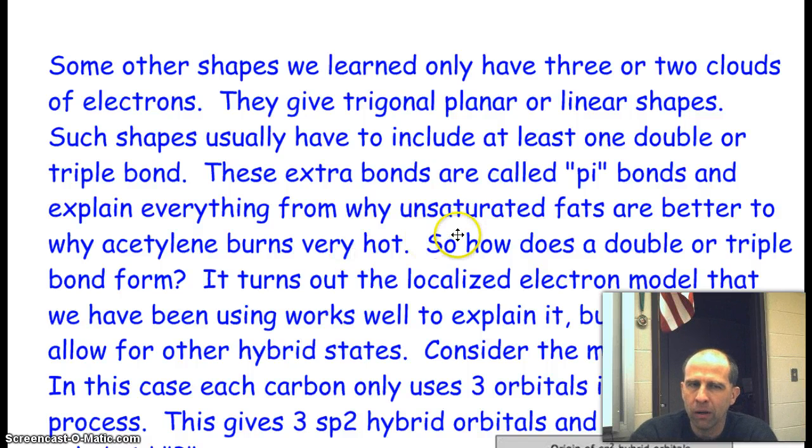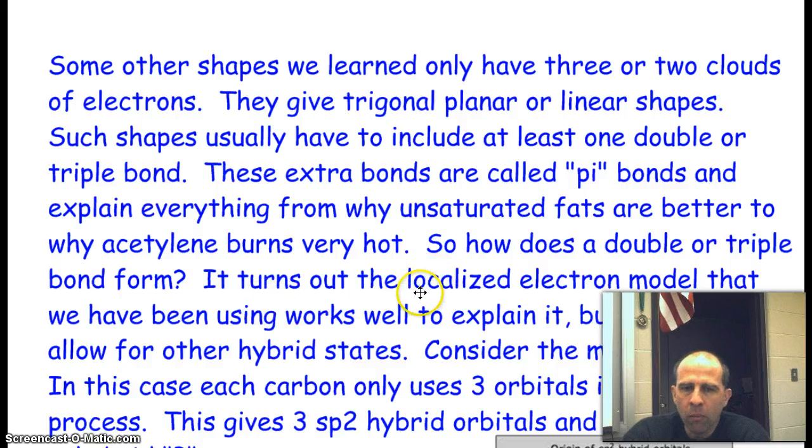Anytime you have a single bond, it's going to be a sigma bond. But if you go to a double bond, there's going to be what we call a pi bond in there. And they actually explain why unsaturated fats are better, and why we get a lot of energy out of acetylene when we burn it. So the question becomes, how do we get this kind of bond to form?